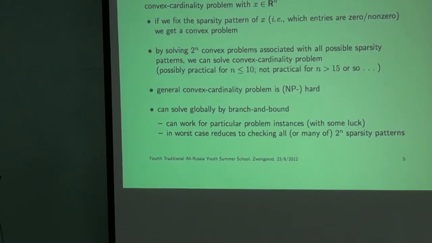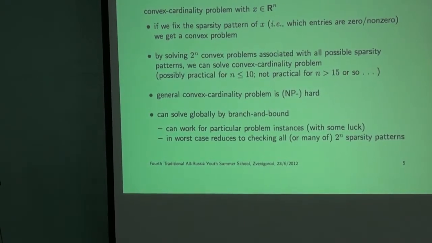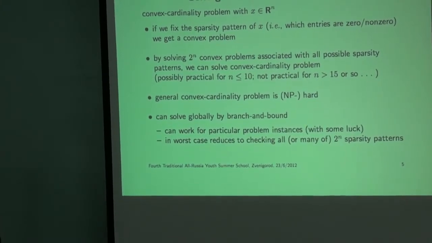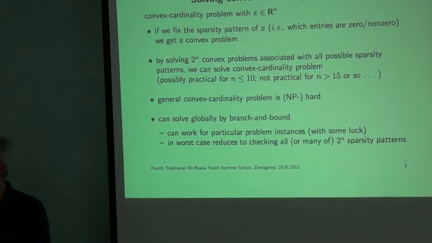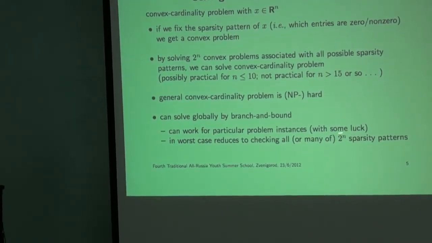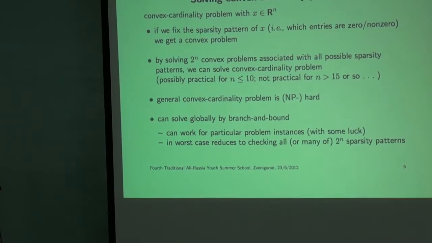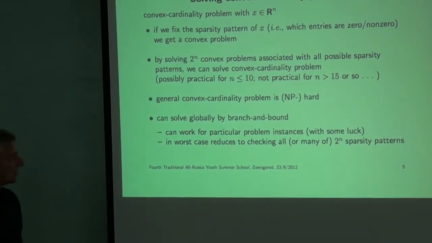And of course, you can solve this problem by branch and bound, or any other method of global optimization. There aren't really any other methods that work. If you're lucky, it will take less than 2 to the n convex problems. But in the worst case, it reduces to checking all of these.